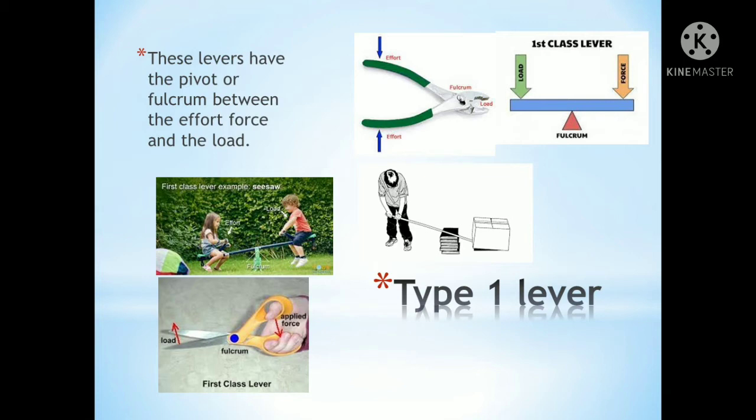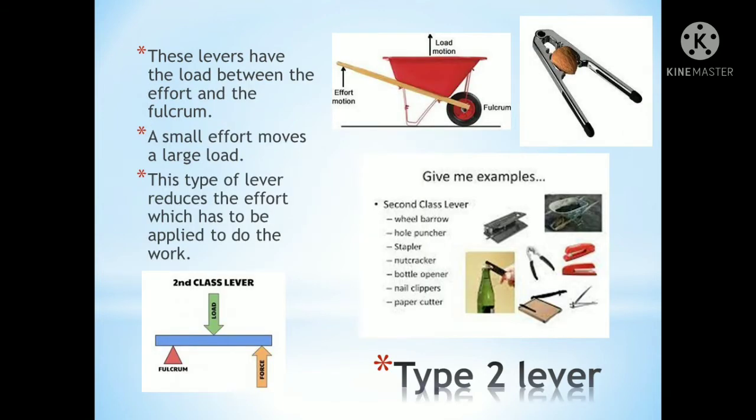Next we'll talk about the type 2 lever. These levers have the load between effort and fulcrum. See here, before the fulcrum was in the middle, but now the load will be in the middle. On one side the effort will be there and on the other side the fulcrum. Now see the wheelbarrow.